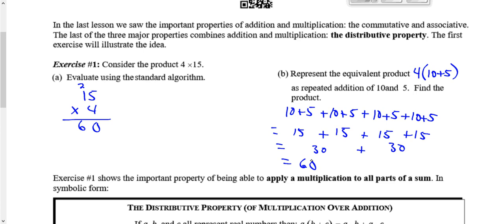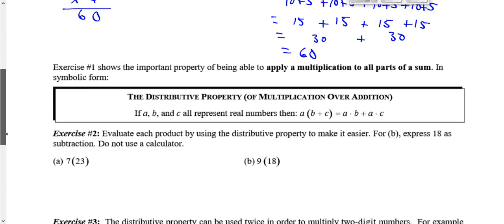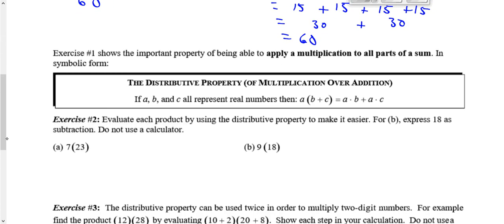But let's increase your mathematical sophistication just a bit. Instead of treating this as repeated addition, we'll just distribute through the parentheses. So here's the distributive property down here in this box. Okay, and it does say of multiplication over addition. That's the technical name of it. So if I have 3 numbers, A, B, and C, or it could be any numbers at all.